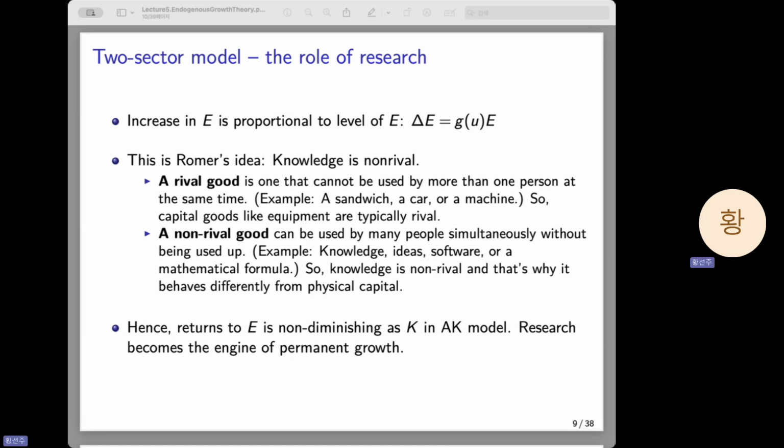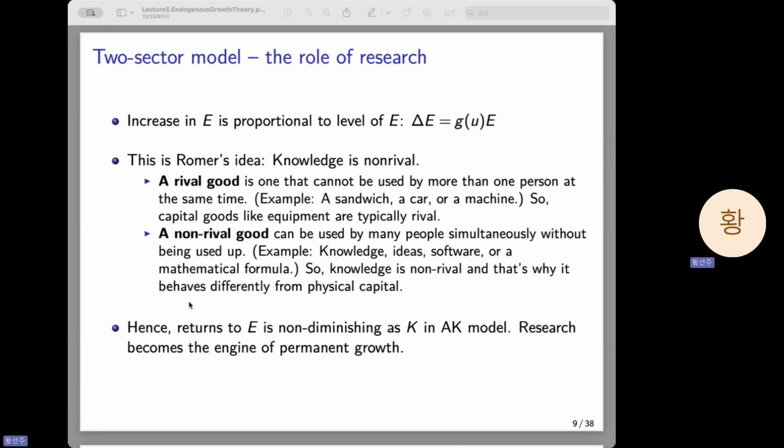However, a non-rival good can be used by many people simultaneously without being used up. Examples of non-rival goods are knowledge, ideas, software, or a mathematical formula. So knowledge is a typical example of a non-rival good, and that's why it behaves differently from physical capital.